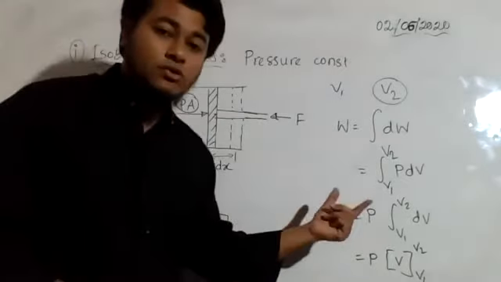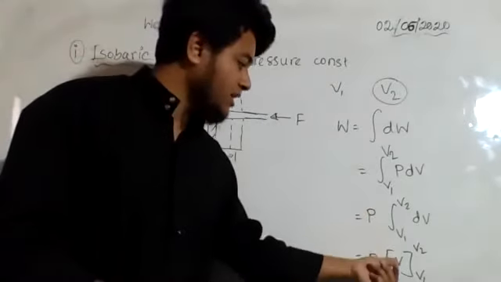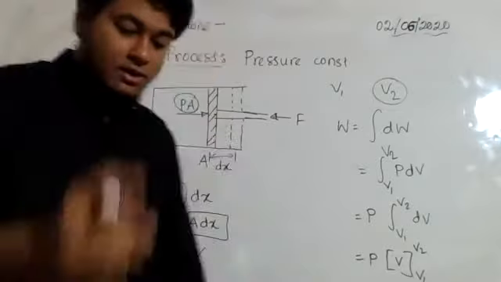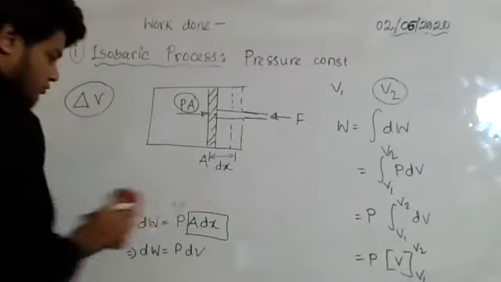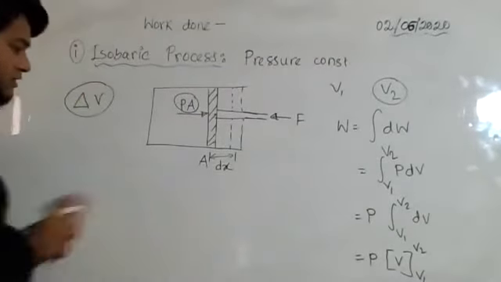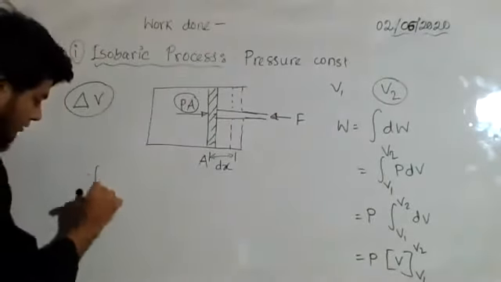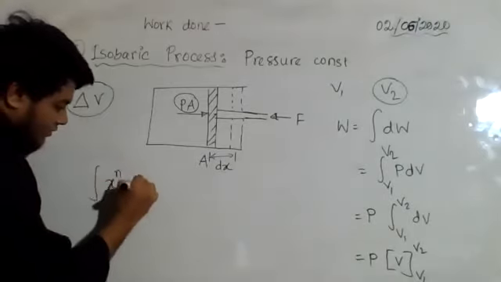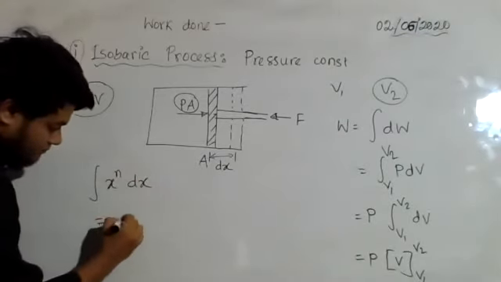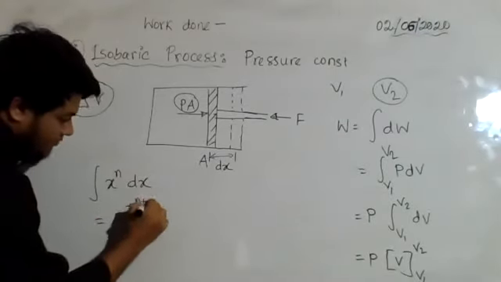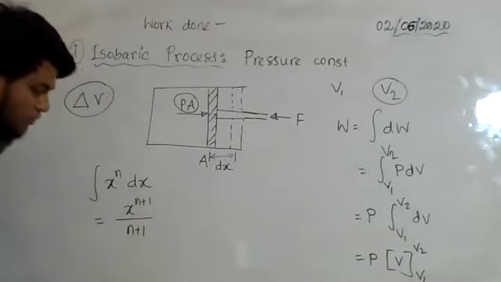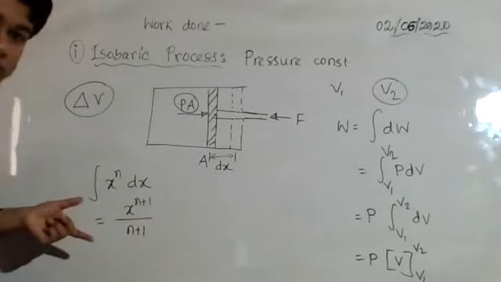There is another method also through which I can show you why there will be V only. I think it will be better to show you, or else you might get confused later about how I got V here. Now if you remember, for integration I already showed you this formula, x to the power n plus 1 divided by n plus 1. Remember this?